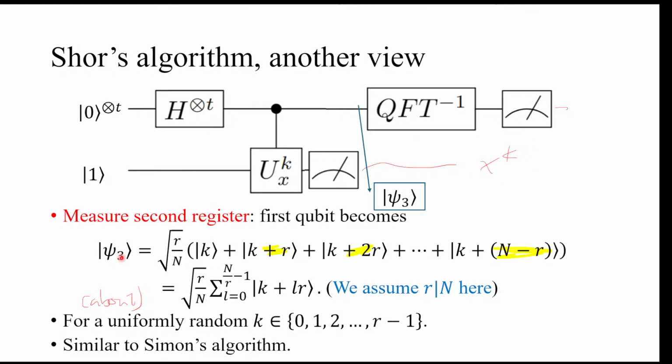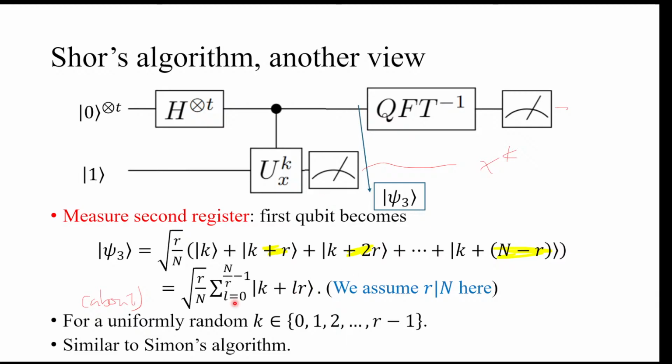And what do you get on the first register? It's interesting. You get all those j such that you get x to the k on the lower register. So it's k, and then you add r and you get the same x to the k.